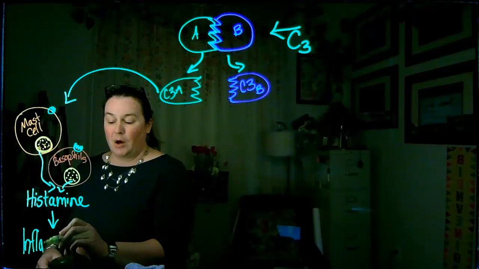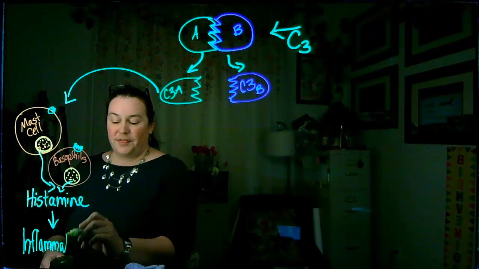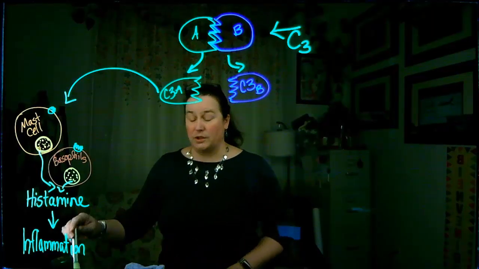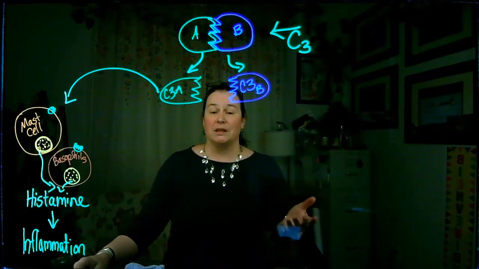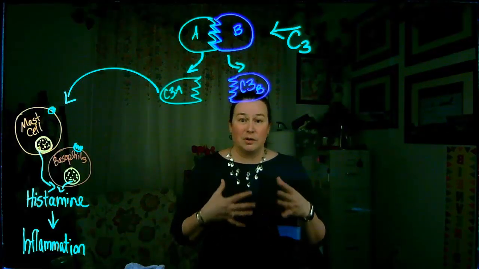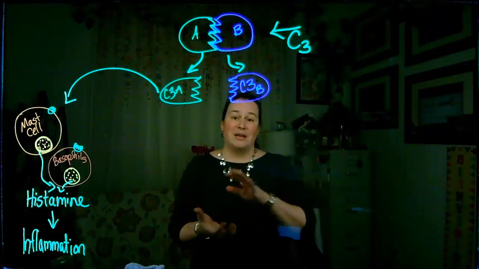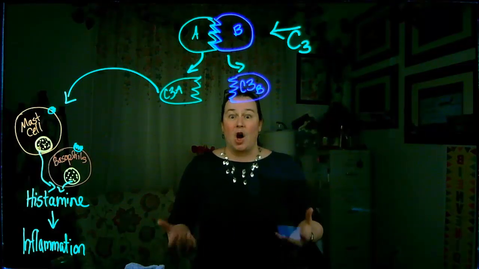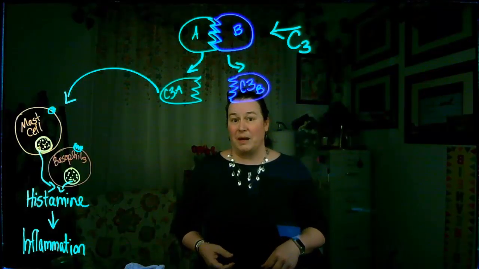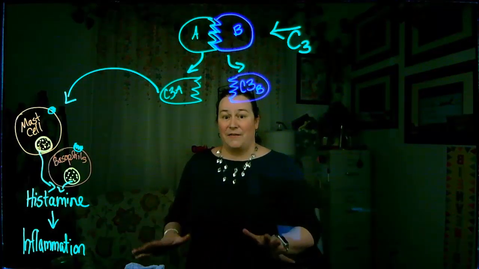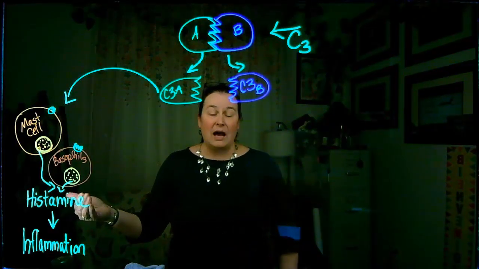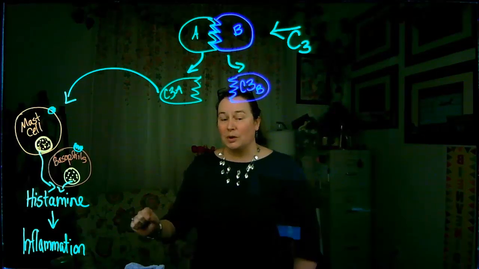This is going to promote all of the things that happen during inflammation. If you are curious about what sort of events happen when inflammation is released, I suggest watching the inflammation video that runs through the signaling processes and how histamine causes vasodilation, causes an increase in capillary permeability, and increases the sensation of pain. So one key effect of complement C3a is to signal to the histamine-releasing cells that this is a good time to release histamine.